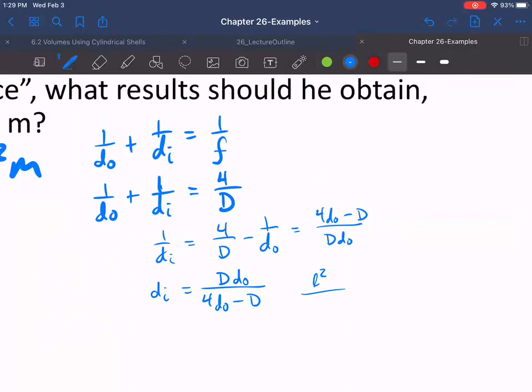You can multiply and divide whatever you want, but for addition and subtraction, they have to have the same units, and they do, because 4 doesn't have any units. So DO is a length minus a length. That gives us a length squared over a length, which is just a length, and we want a unit of a length. So this equation is at least dimensionally correct. And so now I can just plug some numbers in.